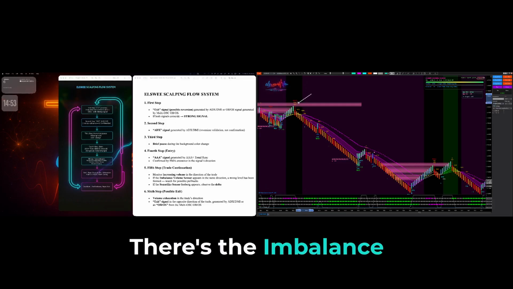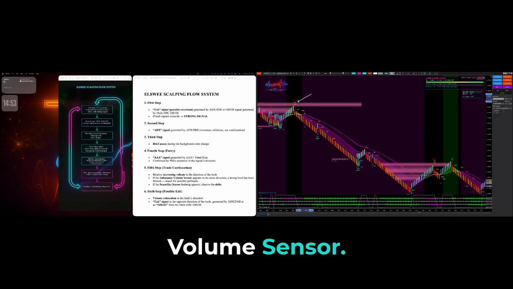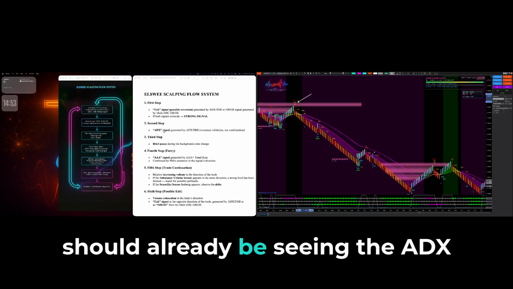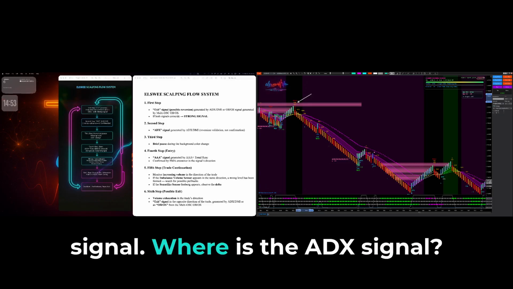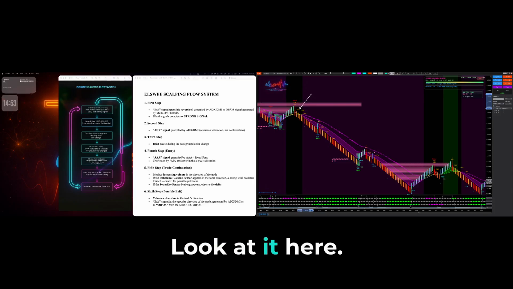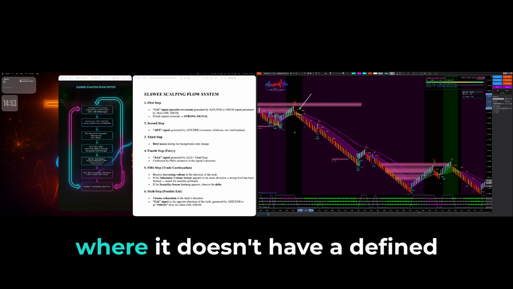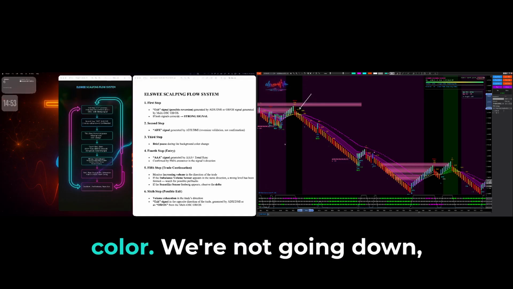There's the imbalance volume sensor. If we look at the second step, we should already be seeing the ADX signal. Where is the ADX signal? Look at it here. And the third step, a pause at the bottom where it doesn't have a defined color.